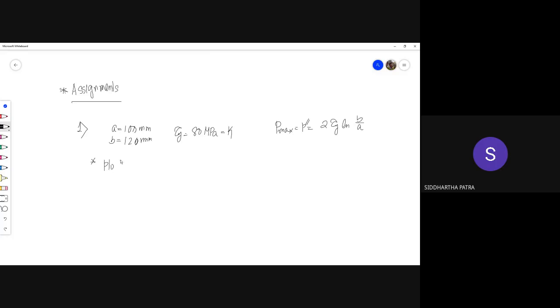Plot C of P, the size of the plastic core, as pressure changes.